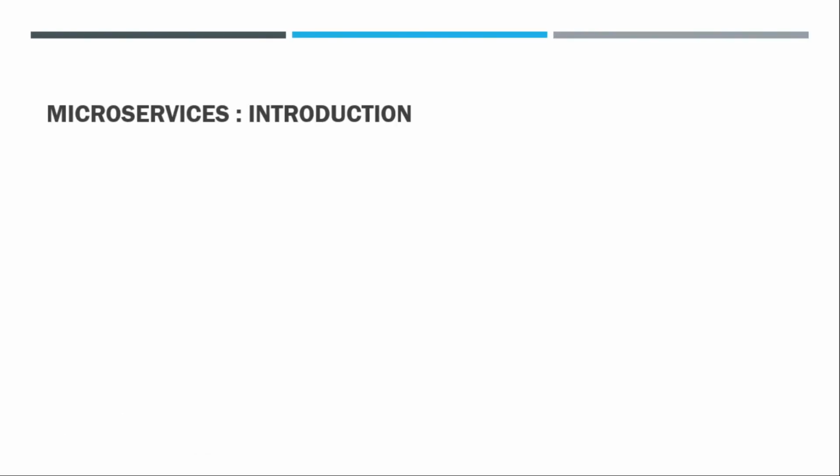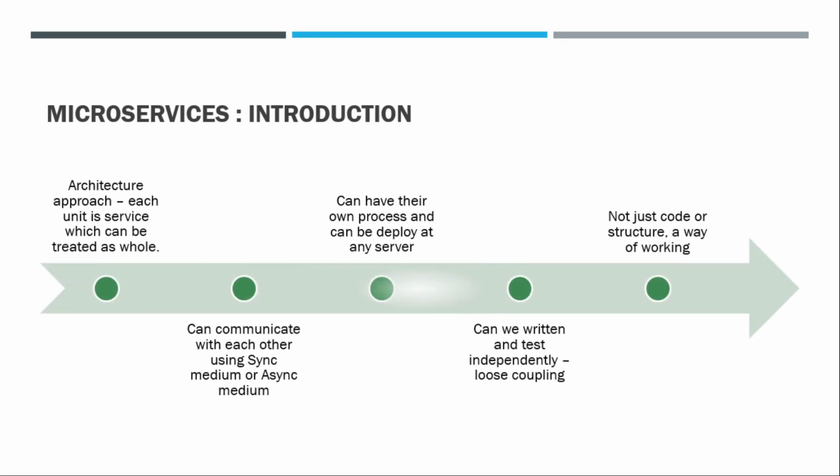We will be starting with its introduction. It is nothing but an architectural approach where every module or functionality is treated as a whole unit. The communication with each module can be done in either a synchronous or asynchronous fashion.